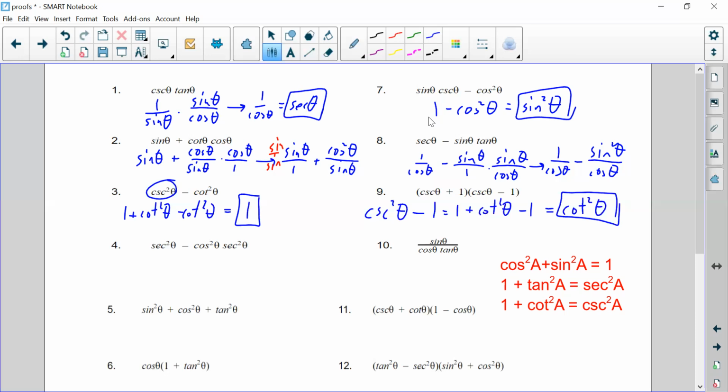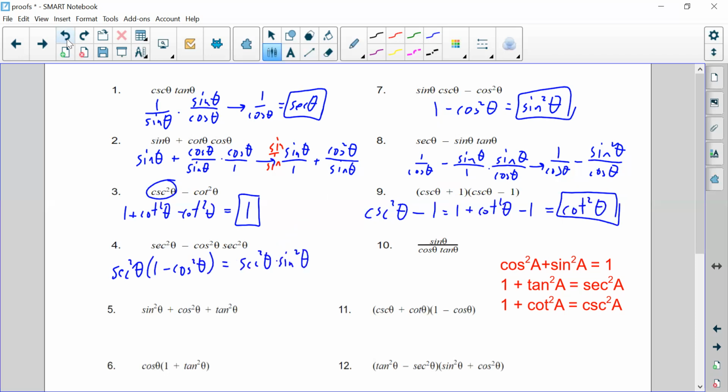Number 4, I automatically see that those secant squareds, there's 1 in each term, so I can factor those out. And I'm left with 1 minus cosine squared. That's just like number 7. 1 minus cosine squared is the same thing as sine squared. So secant squared times sine squared. Do you see what that is?